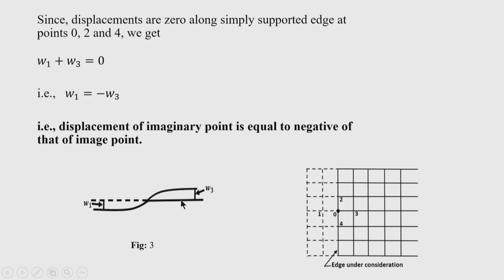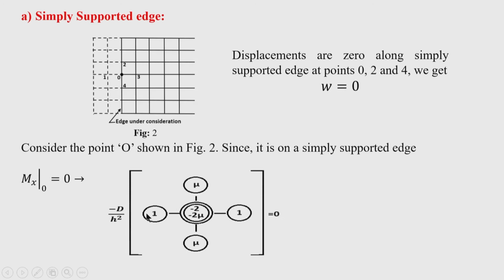Since the grid sizes are equal, and from this condition you can see, this is the imaginary grid, and this is falling on the real point, that is the image point.